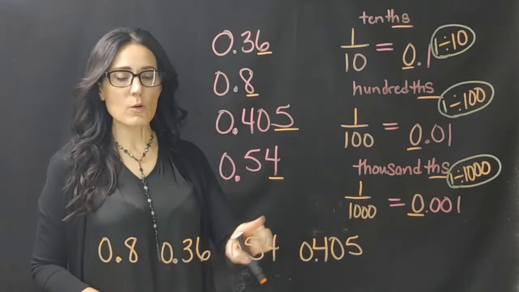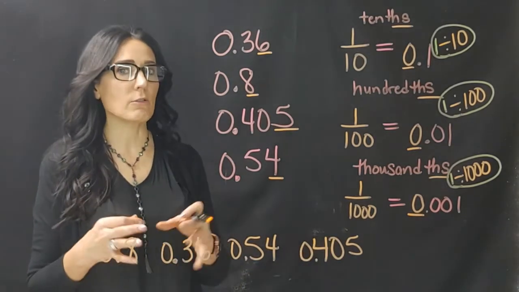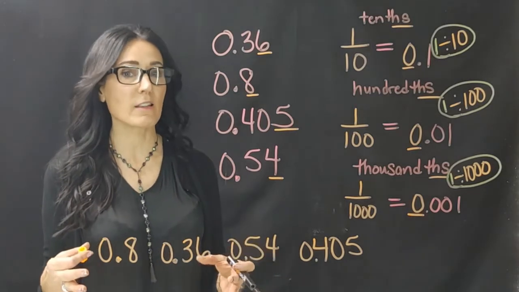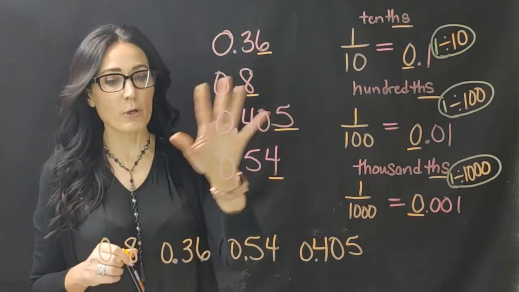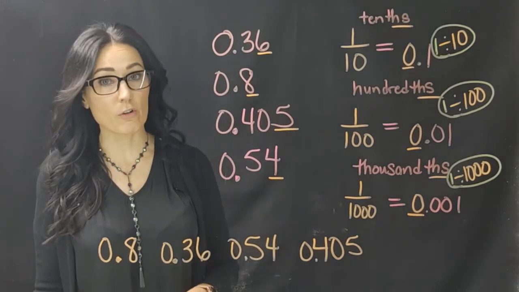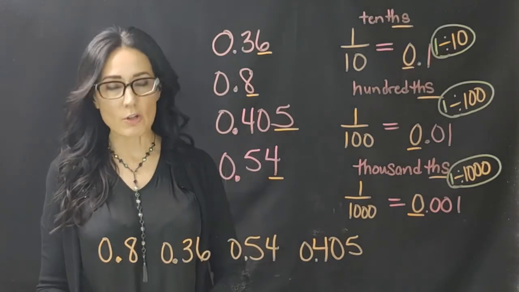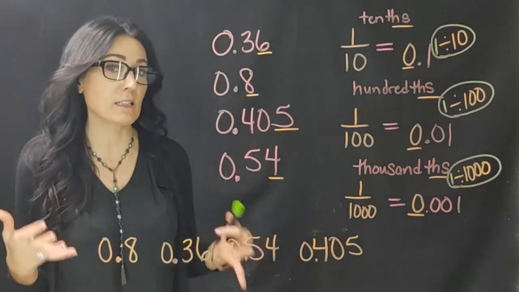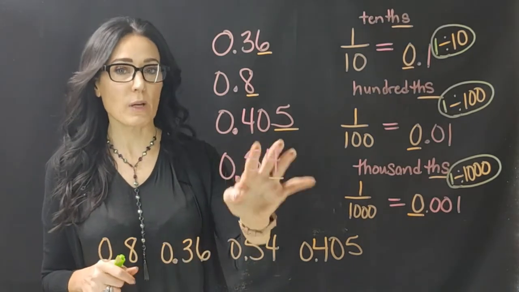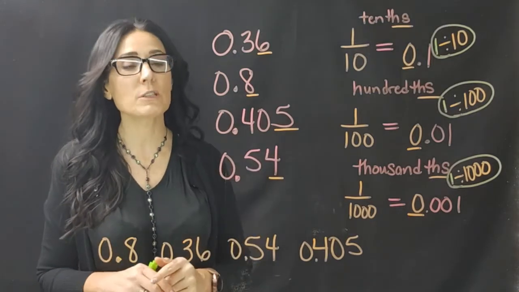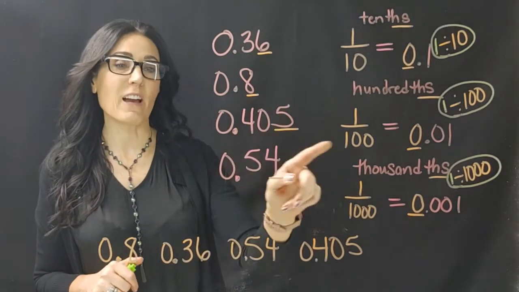All right, so that's the order I would put those in if I wasn't recognizing the fact that they all have different names. So one of the best strategies for putting decimals in order from least to greatest is to go ahead and give them all the same name. And what I mean by that is the largest decimal place we have, or the one with the most decimals, is going to be 405 thousandths.